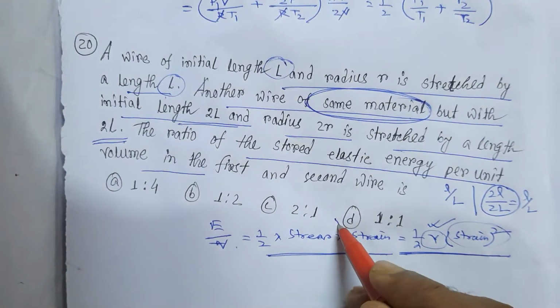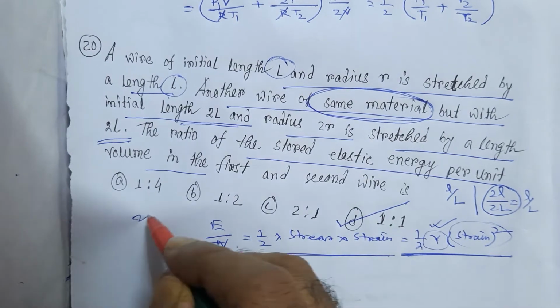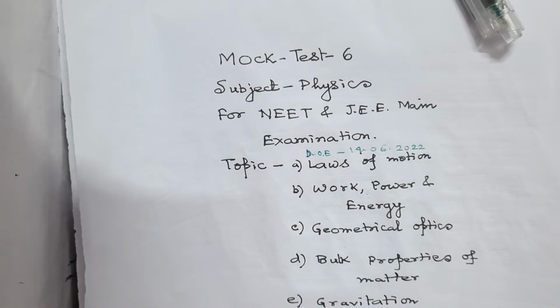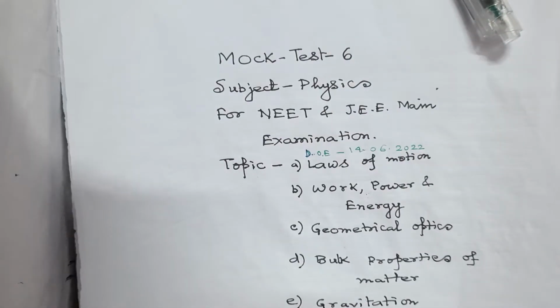So the correct choice is D, 1:1. The correct choice of question number 20 is D. Now let us take question number 21.